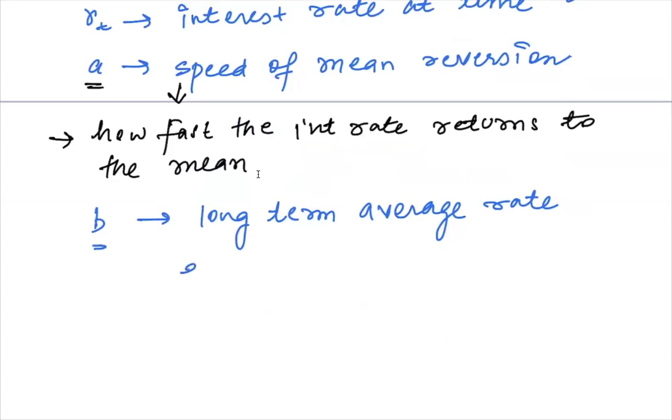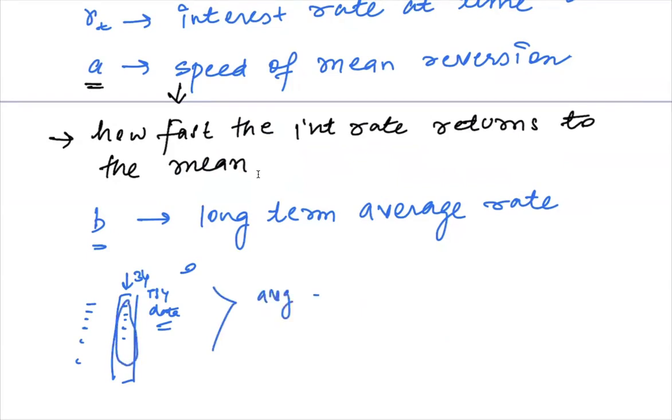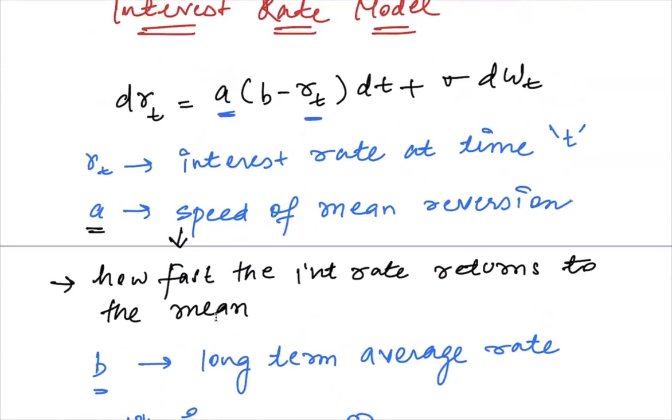Let's say we have daily data of interest rates, say 3 year treasury data. When we take the average of this data, this is nothing but your B, which is your long-term average rate. So we know what is A, what is B, what is Rt.